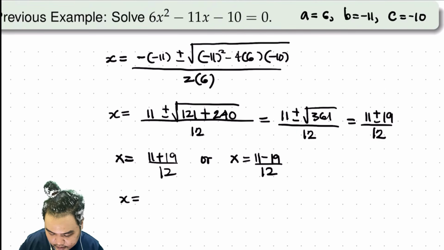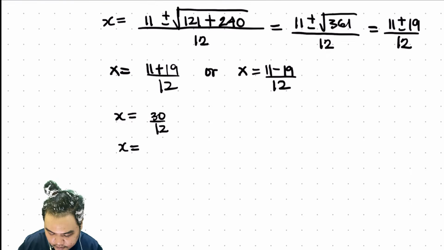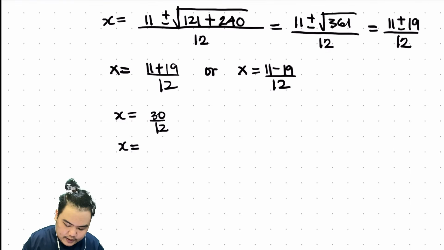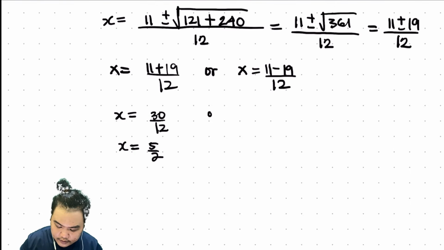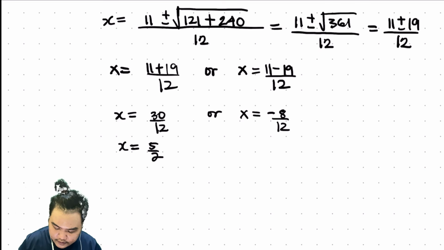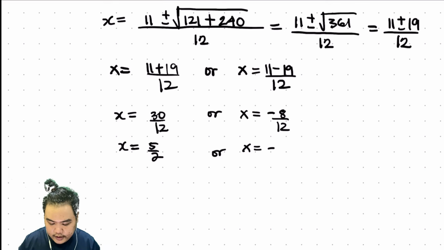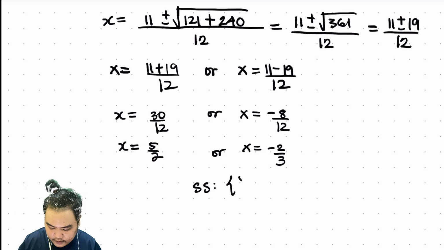So, this is 30 over 12, divisible by 6 pareha, no? 5 over 2. Dito naman, x is negative 8 over 12, divisible pareha by 4, negative 2/3. So, the solution set is 5 over 2, negative 2/3.